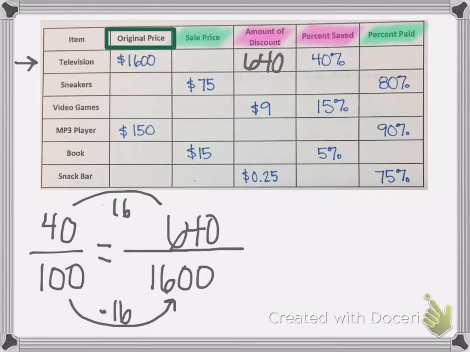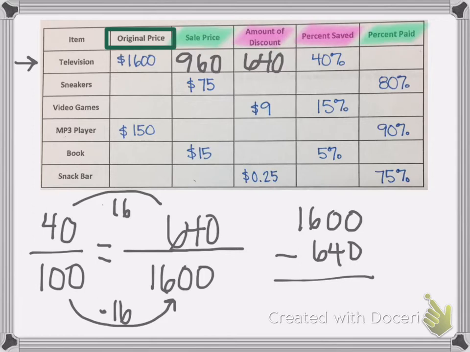And I know that it's the part that I save because I used the percent saved in my problem. Now, if the original price was 1,600 and I'm not paying 640, then I just subtract to find the amount that I am paying, which is going to be $960.